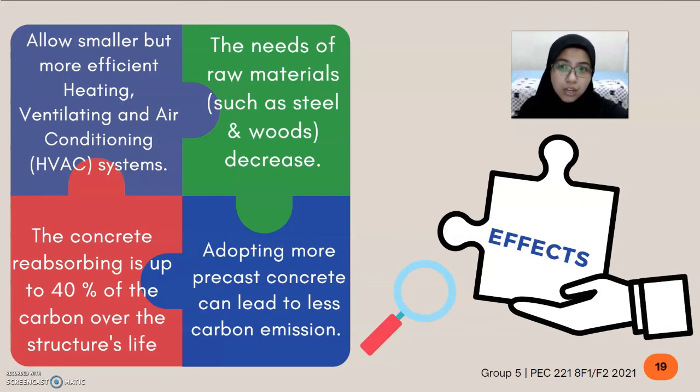Last but not least, the concrete reabsorbs up to 40% of the carbon over the structure's life. This means that adopting more precast concrete can lead to less carbon emission. And also the design of flat roof or precast concrete slab also helps to reflect the heat from the structure.